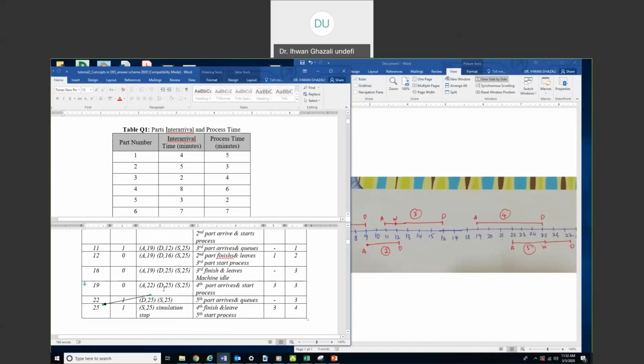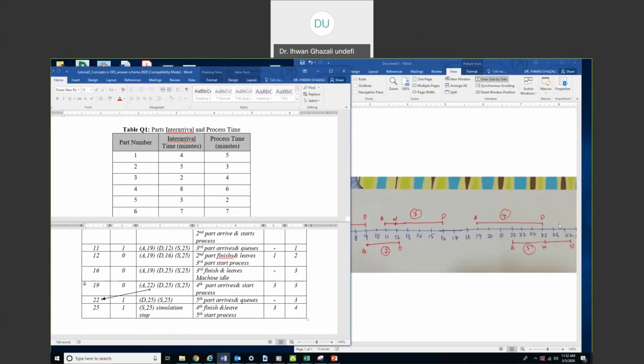A22, D25. Which one happens first in the timeline? This activity will happen first. So you just write down this first activity. Okay, and then we can see here D25, 22 here. D25 is the closest D between this one and this one.